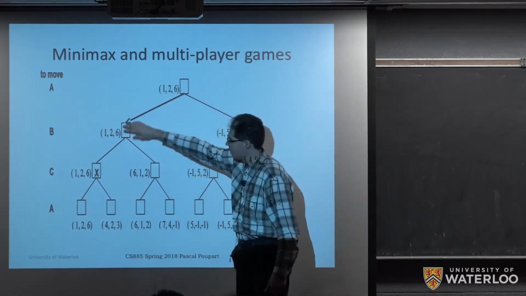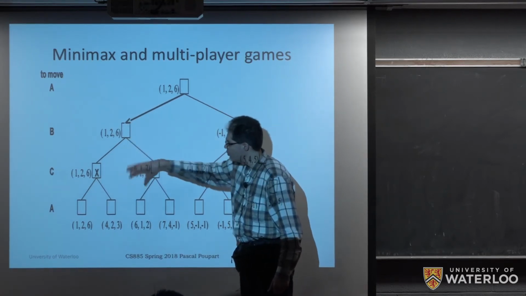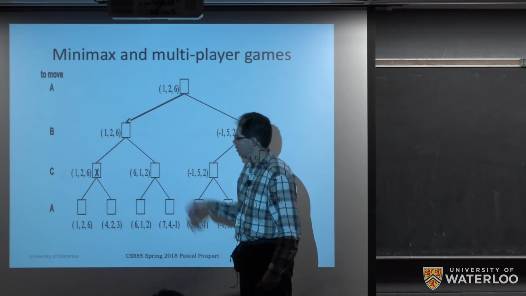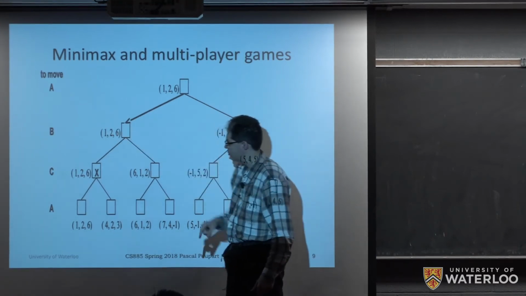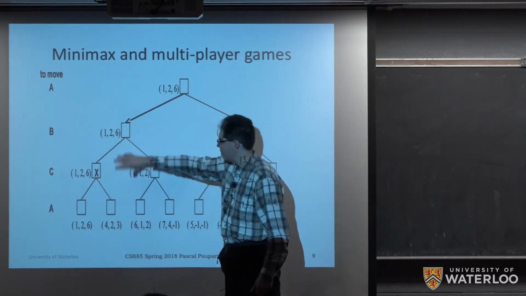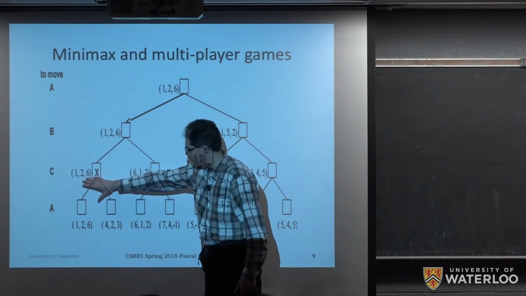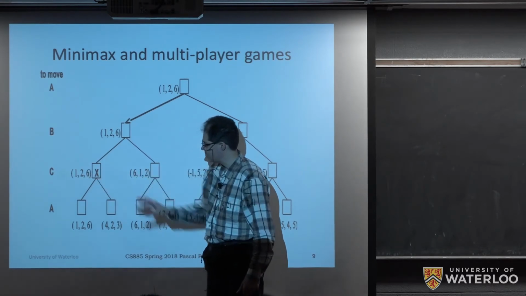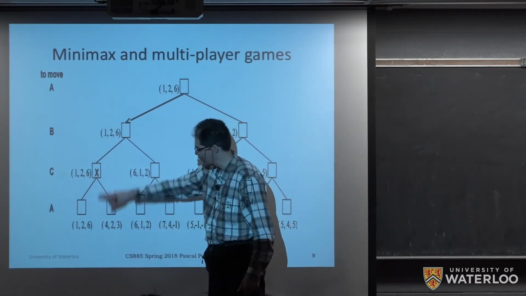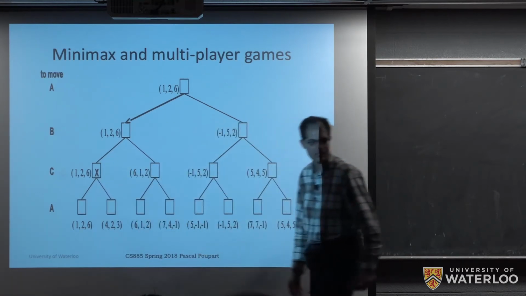Then after that, player B would play and choose the move that maximizes the second score. So here between 2 and 1, 2 is the best, so that's why we would choose that. And then for C, it will maximize the third score, and here between 6 and 3, the best is 6, and that's why we choose that.